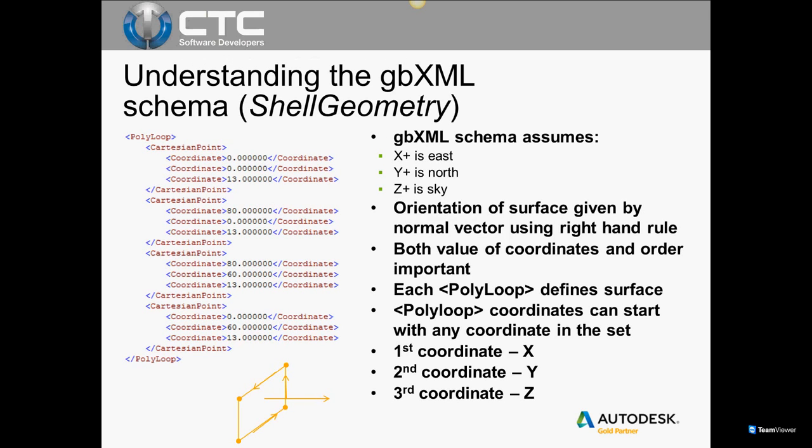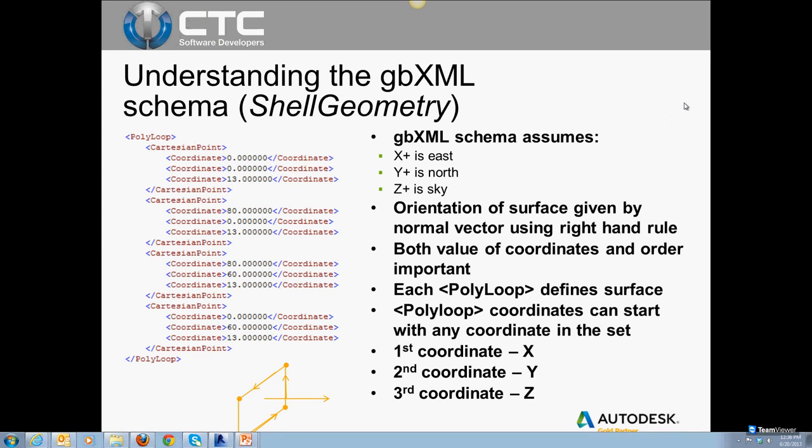Geometry assumes that the x positive direction is east, the y positive direction is north, and the z positive direction is facing towards the sky. The orientation of a surface is given by the normal vector using a right-hand rule, and both the values of the coordinates and the order are important.